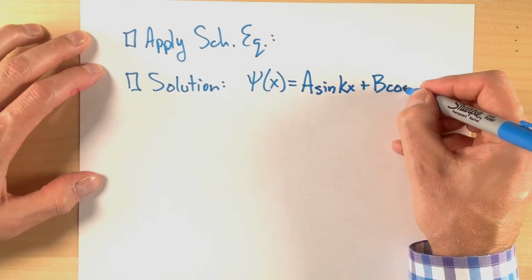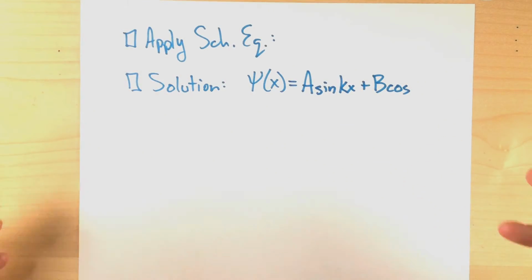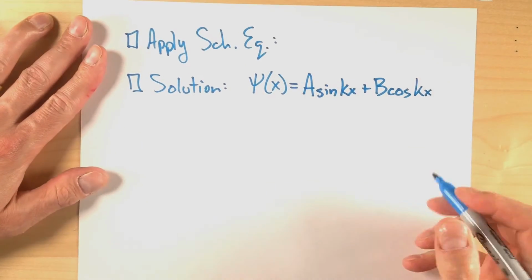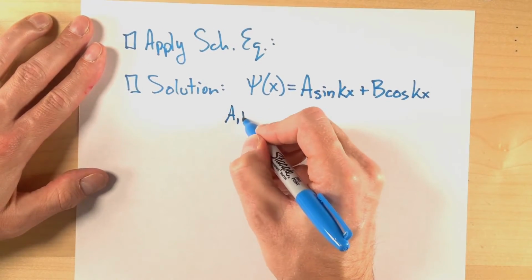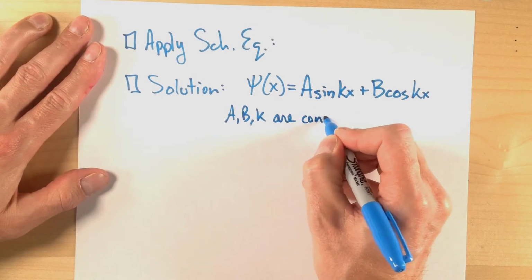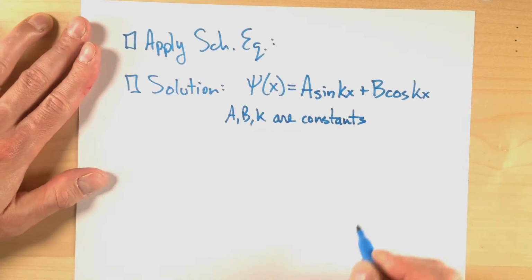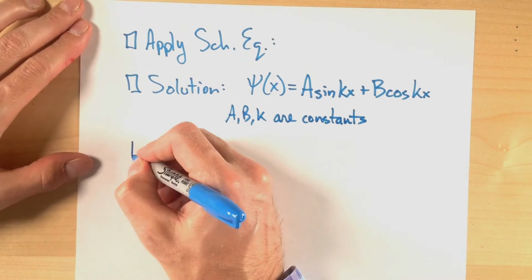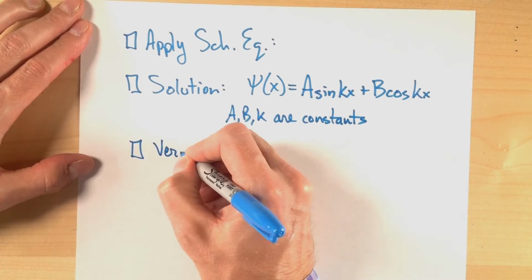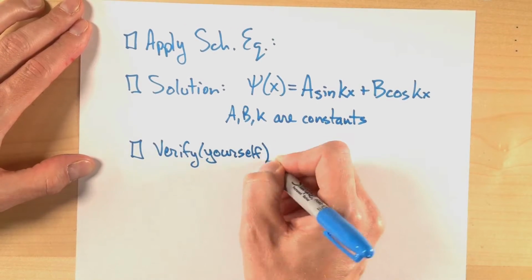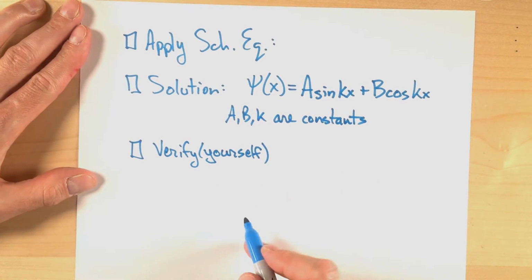Instead of just a simple complex exponential, it's sines and cosines, where a, b, and k are all constants. We can verify that this solves Schrödinger's equation, but please do that on your own.